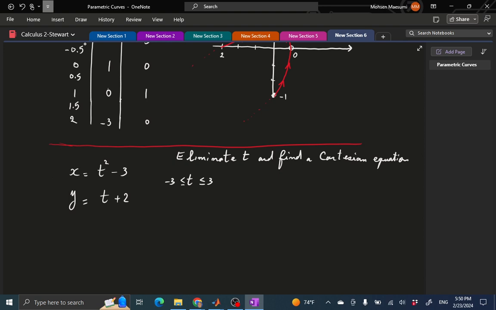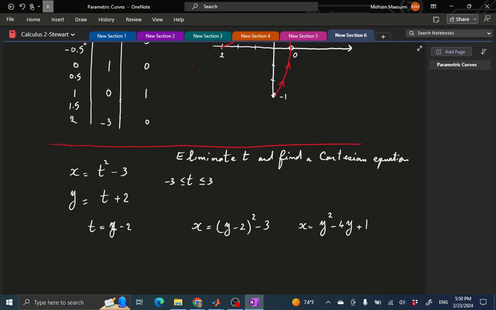In this case, it's going to be kind of easy. You figure out what t is from one of the equations. T is equal to y minus 2 from here, and put it in the first one. So x is equal to y minus 2 squared minus 3. So here, if you want to simplify, it becomes y squared minus 4y, and then 4 minus 3 is going to be plus 1.